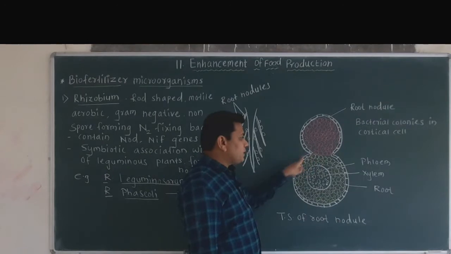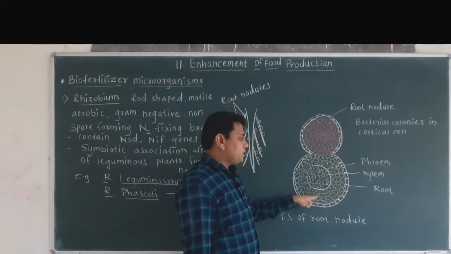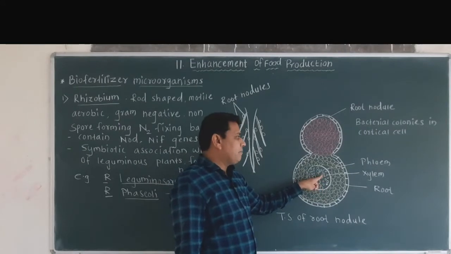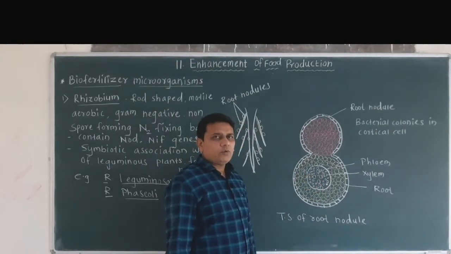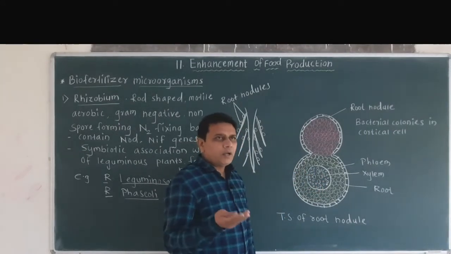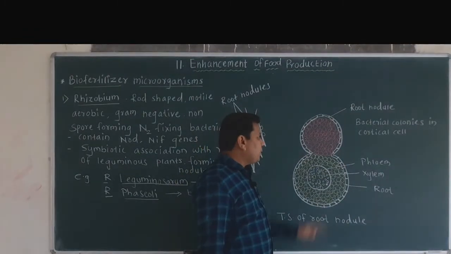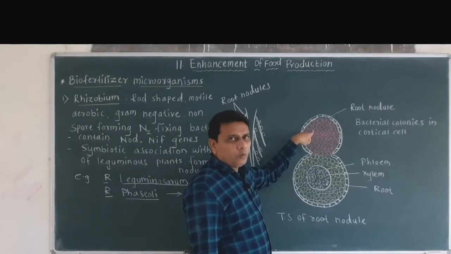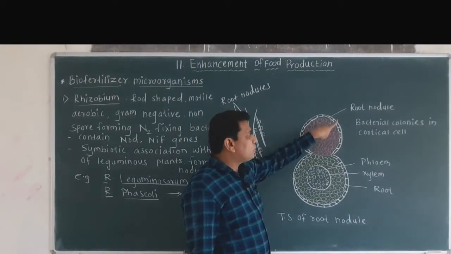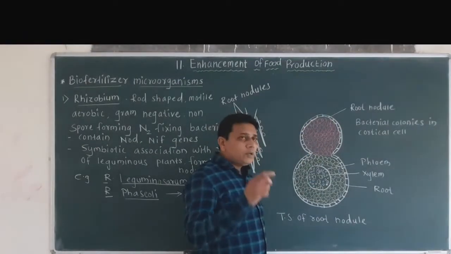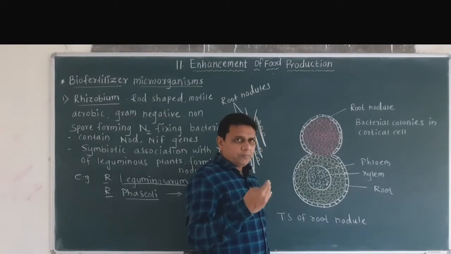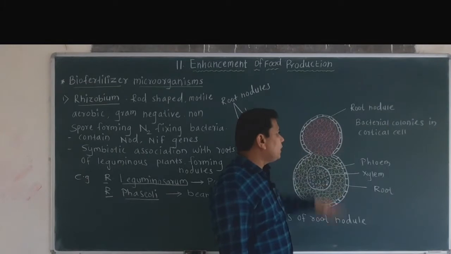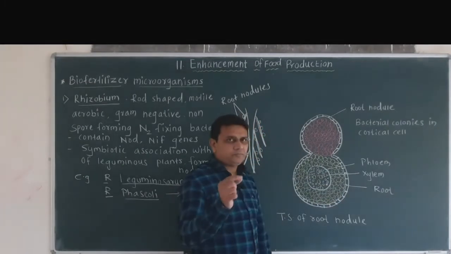Now here we can see this part is of the root. It shows the presence of xylem, phloem. Now you know that xylem and phloem are conducting tissues. Then this portion represents the root nodule, and inside this root nodule the bacteria multiply and develop bacterial colonies in the cortical cell.